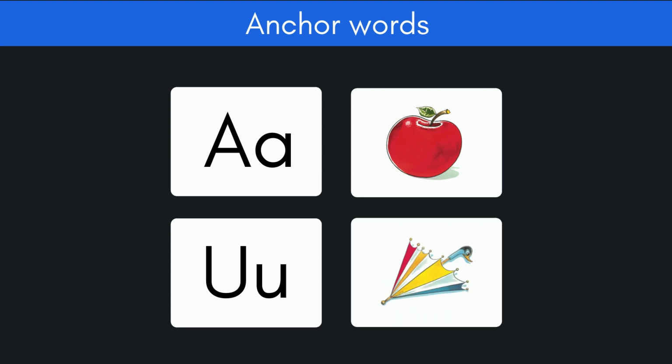And we can use cards with the letter on one side and the anchor word on the other side. We continue to call the letters A, apple, or A, umbrella, until the children can easily distinguish the sounds.